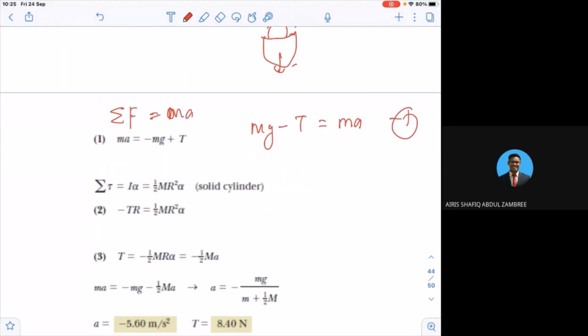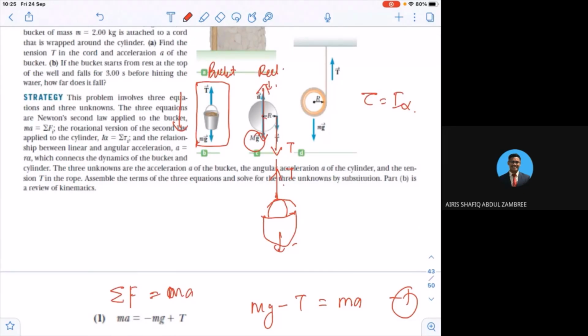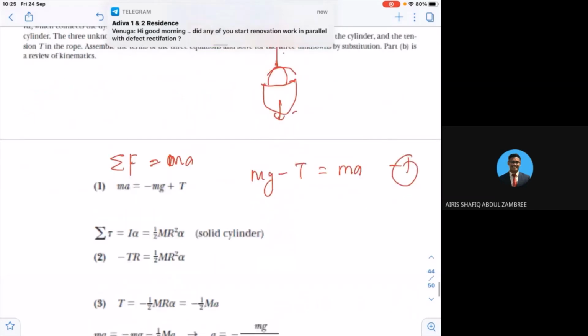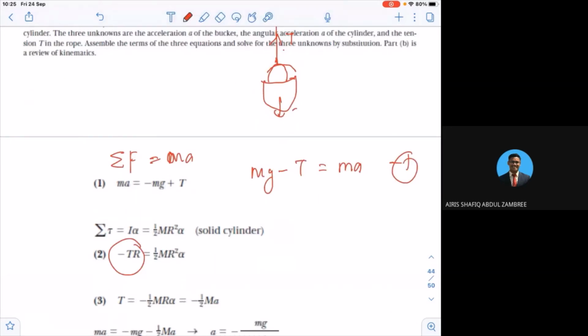Then we have the summation of torque equals I alpha. What is I? Based on our knowledge of a solid cylinder, it should be half m r squared, times alpha. The torque, if you look carefully, is R and T. T is the force, and the torque goes clockwise, so it is negative, because it is clockwise.